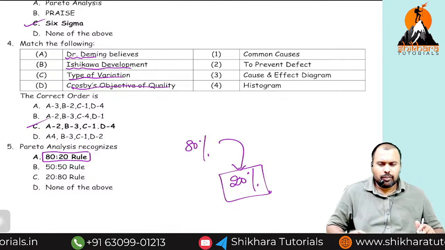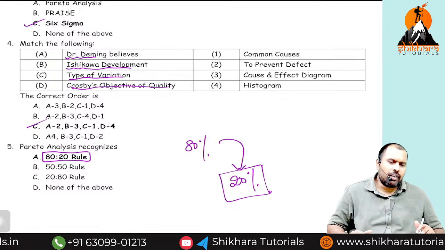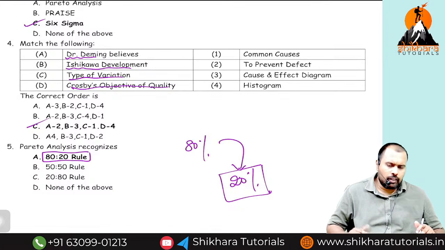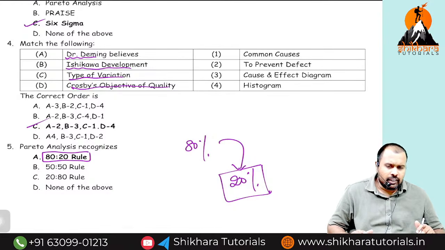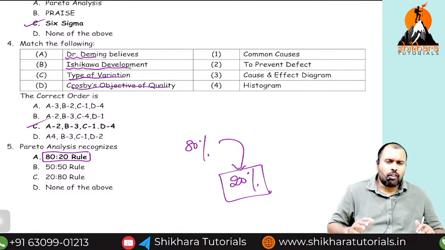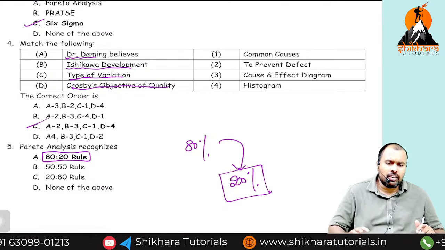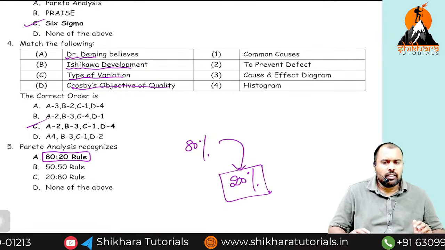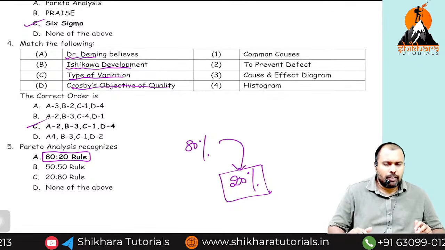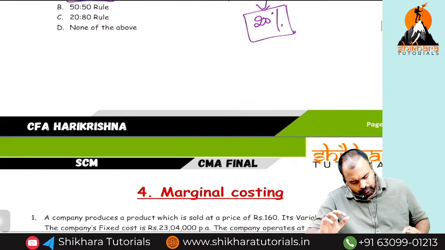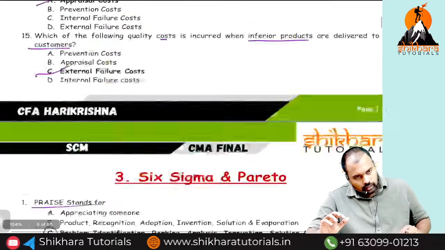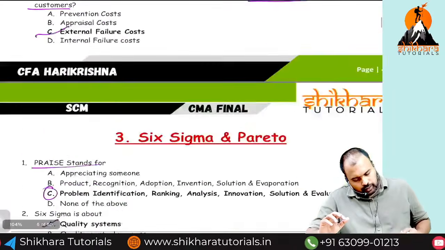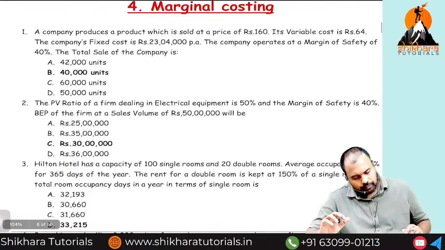Not every factor will impact every time for the organization; there will be some factors which face more issues. Normally they say that the lowest 20% factors will affect 80% of the times. So that's about Six Sigma and Pareto.